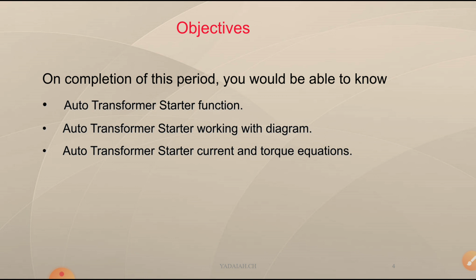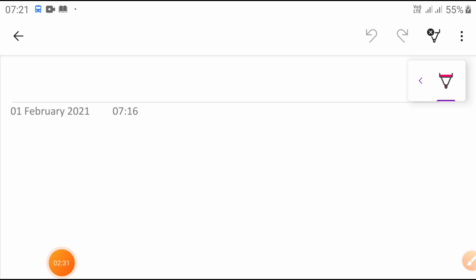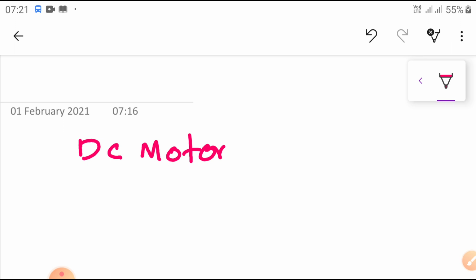You are very familiar with the 3-point starter and 4-point starter. So what is the necessity of the starter in a DC motor? In a DC motor, we use the 3-point starter.